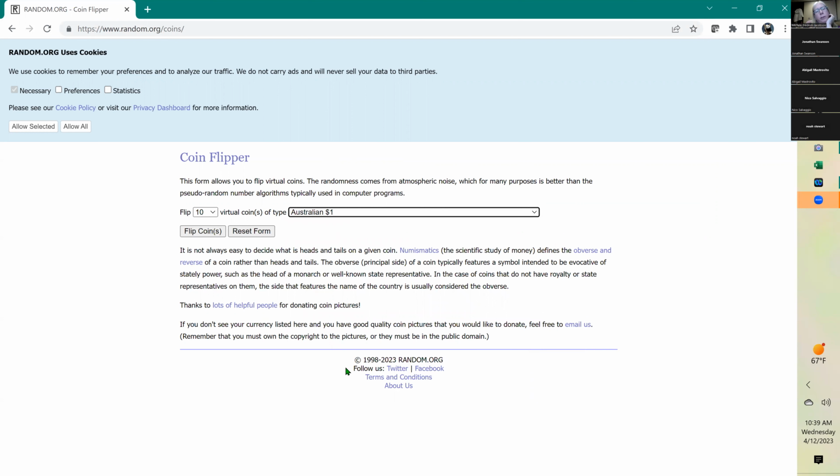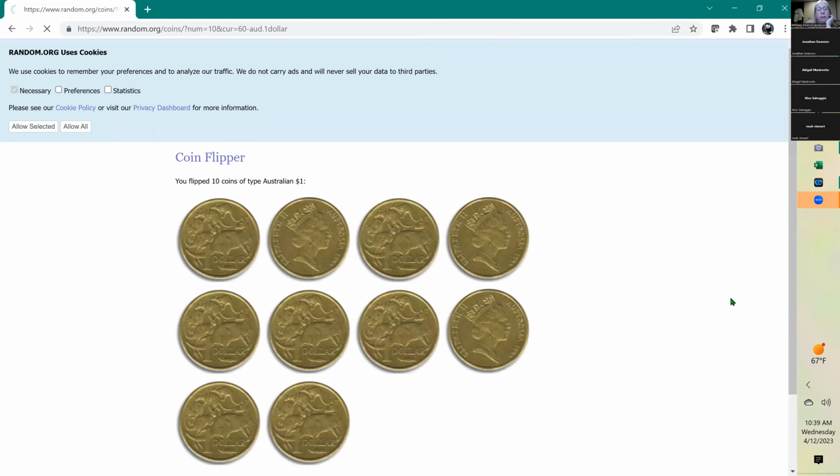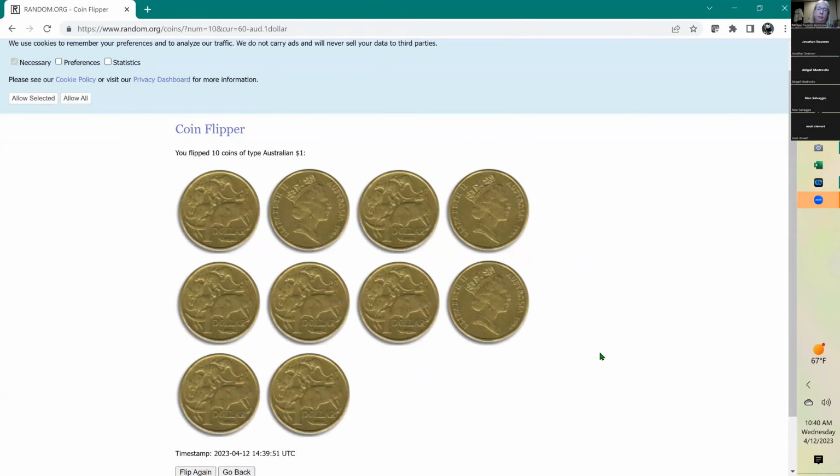But what this will do is flip the coin. So if we flip 10 coins, we said 5 of them should be heads. Let's see, we got 1, 2, 3. 3 of them were heads. But the more you do it, the more likely that you'll get it.